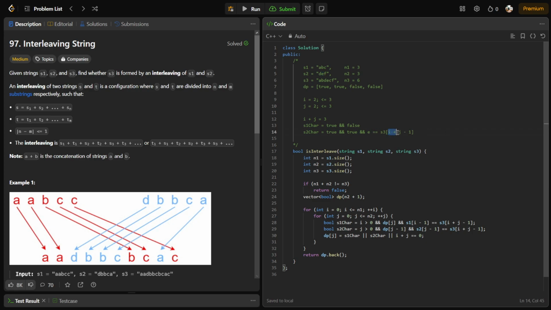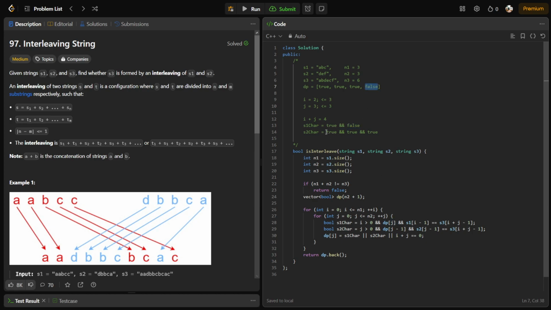Is e the same as s3[4 minus 1, 3], 0, 1, 2, 3, same as e? Yes, they are the same. It's 4 by the way. So dp[i][j] is true as well, because if you see here, we have e, b, and then d, e, and then next we have obviously the c and f, right?